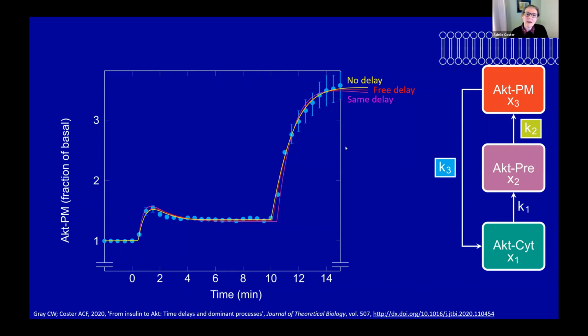So what we have found though, is that it is possible to think about this, to say the full time course of this data is described if the effective recycling rate, the K3, is decreased following the application of high levels of insulin.